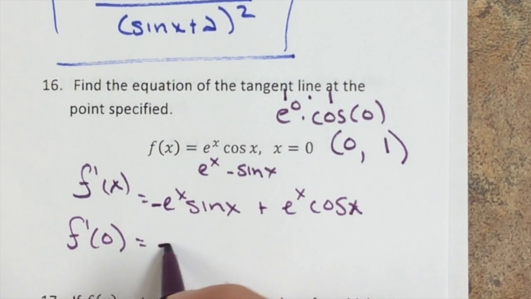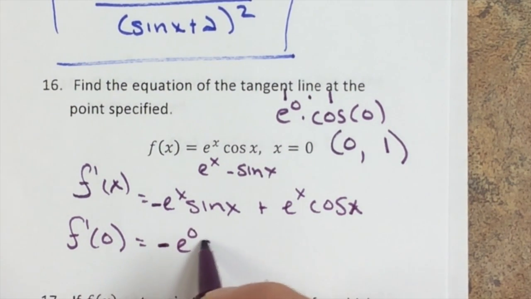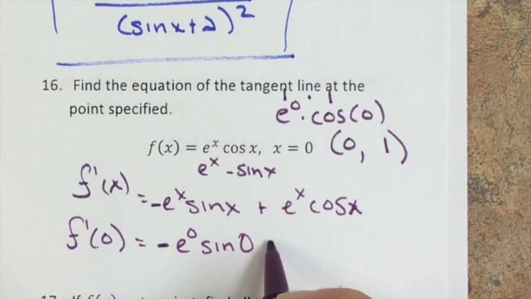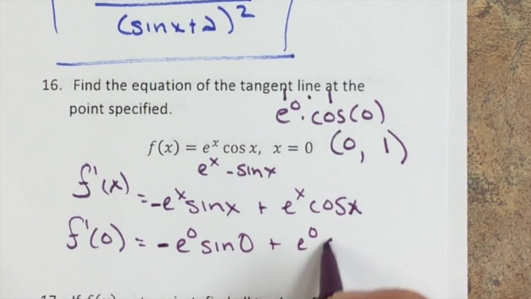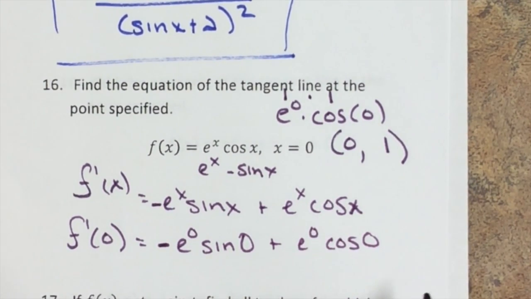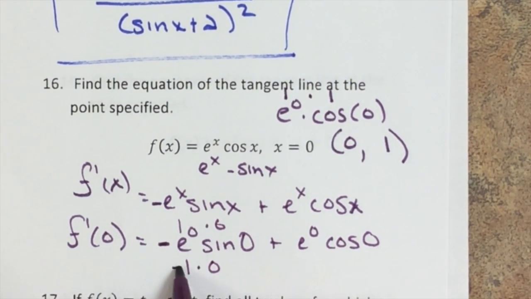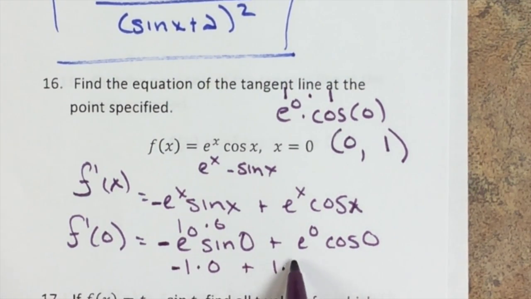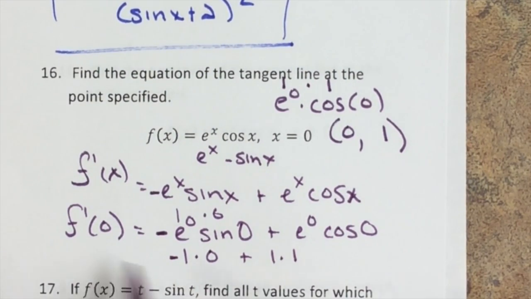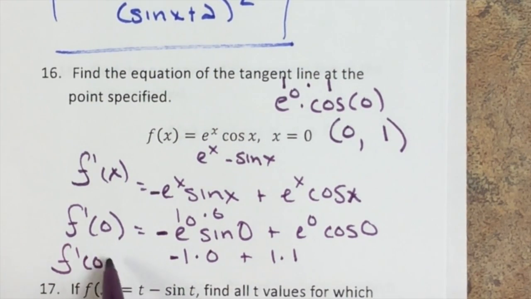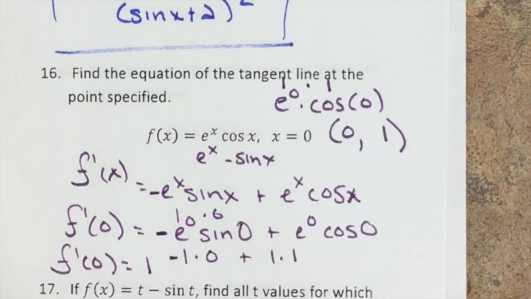So that means I have negative e to the 0th sine 0 plus e to the 0th cosine 0. So this is 1, sine is 0. So 1 times 0 plus 1 times 1. So f prime of 0 is 1.